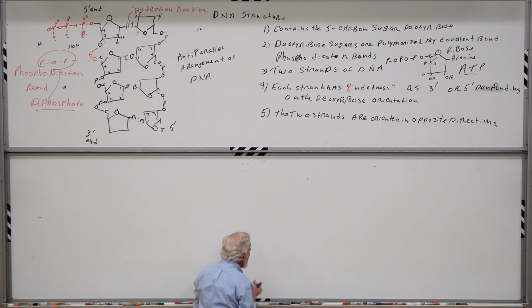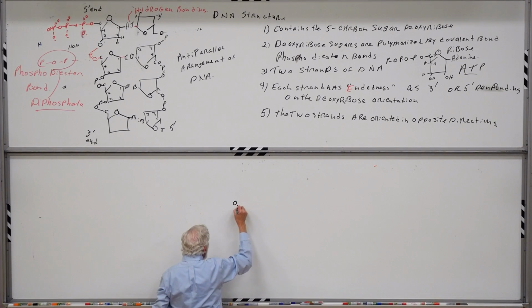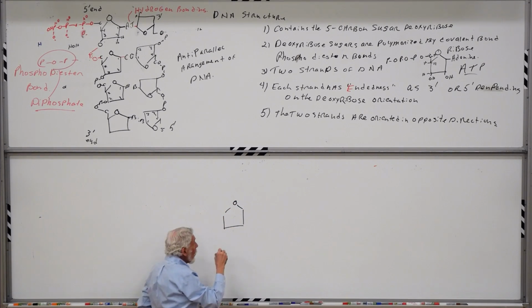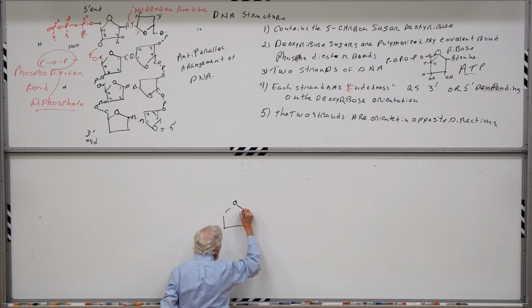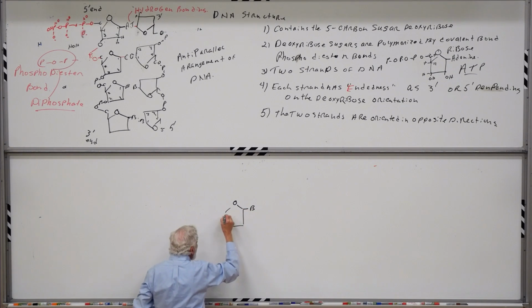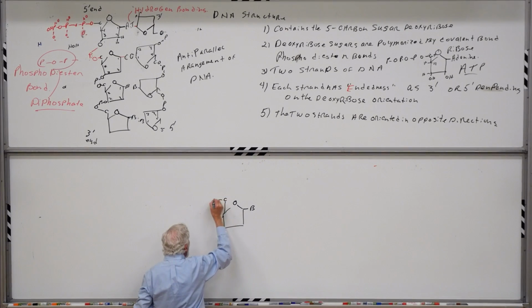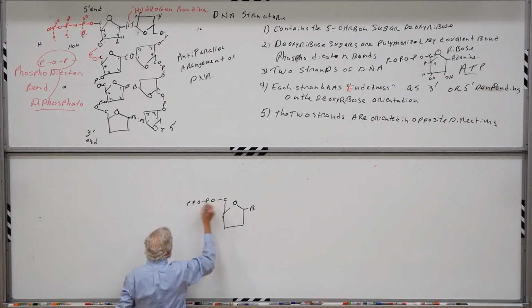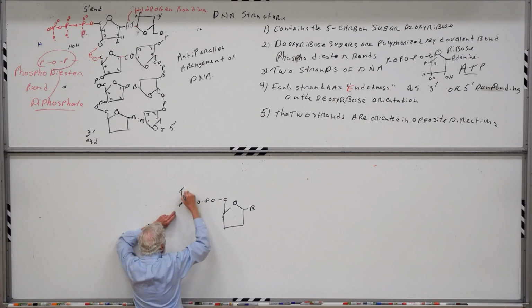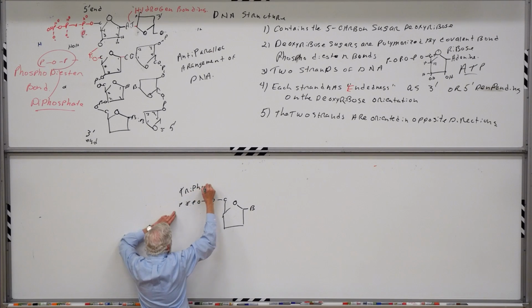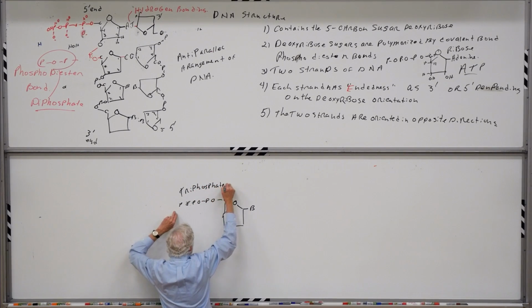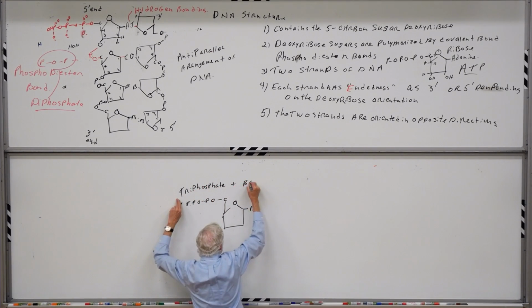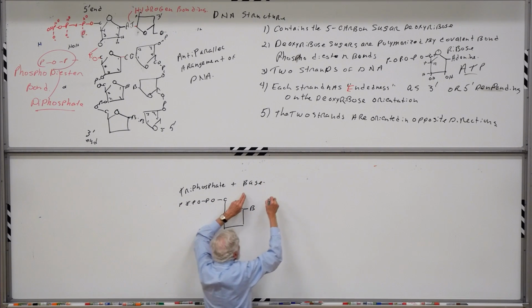When we have the 5 carbon sugar, whether it's deoxyribose or ribose, linked to a base, then out here in the number 5 carbon we have the OPO, 3 phosphates. When we have the triphosphate plus the base, the terminology here is a nucleotide.